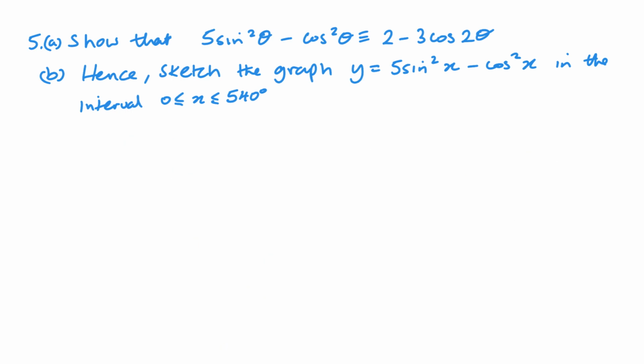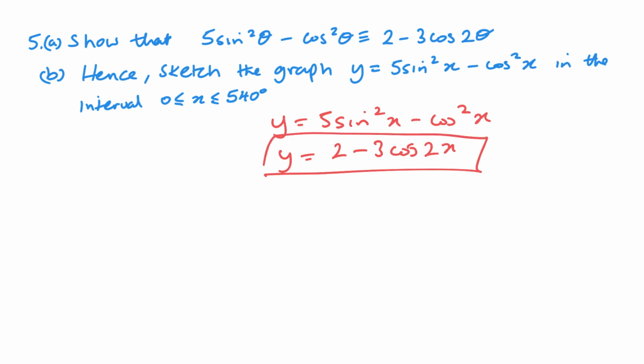Now for part B, I'm sketching. So y equals 5 sine squared x minus cos squared x can be written as 2 minus 3 cos 2x. So this is what I'm drawing here.